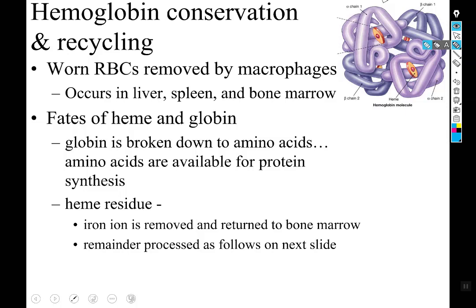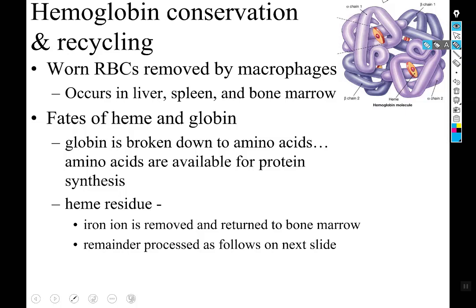So macrophages in those organs are going to engulf and begin to destroy red blood cells. And then the heme is separated from the globin, and each of those components undergo different breakdown processes. So globin is broken down to amino acids. And of course, the amino acids are available for protein synthesis.